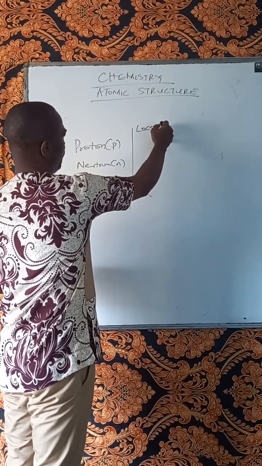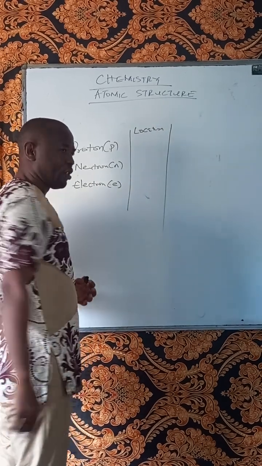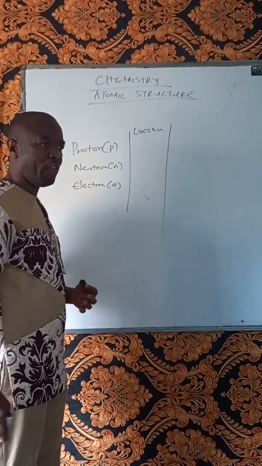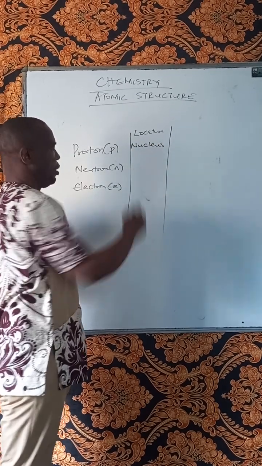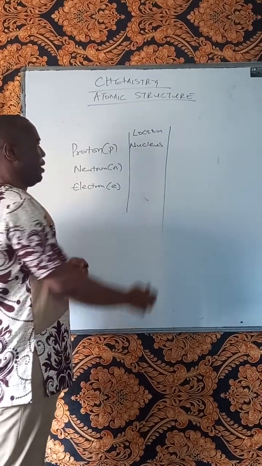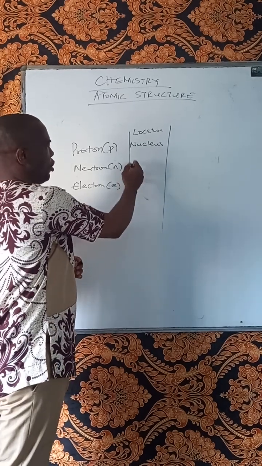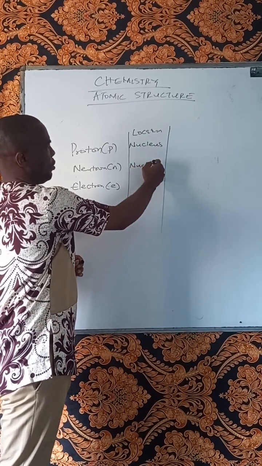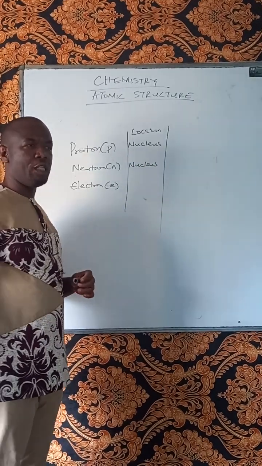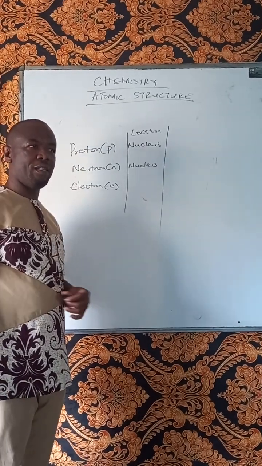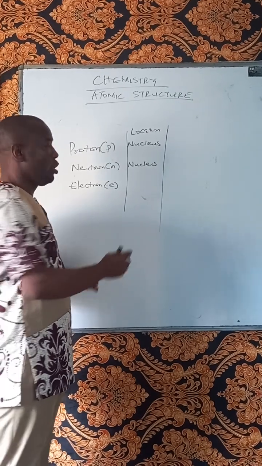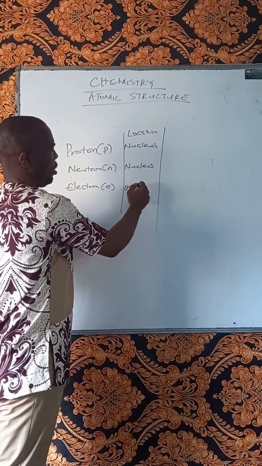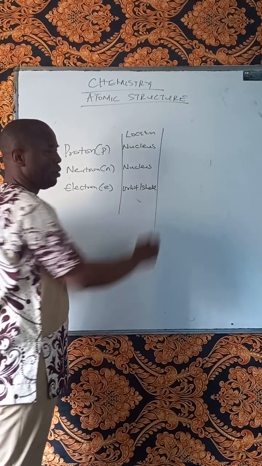The proton is found in the center of the atom. The center of the atom is called the nucleus. The neutron is also found in the nucleus, while the electron is found revolving around the nucleus, in a circular path called orbit or shell.